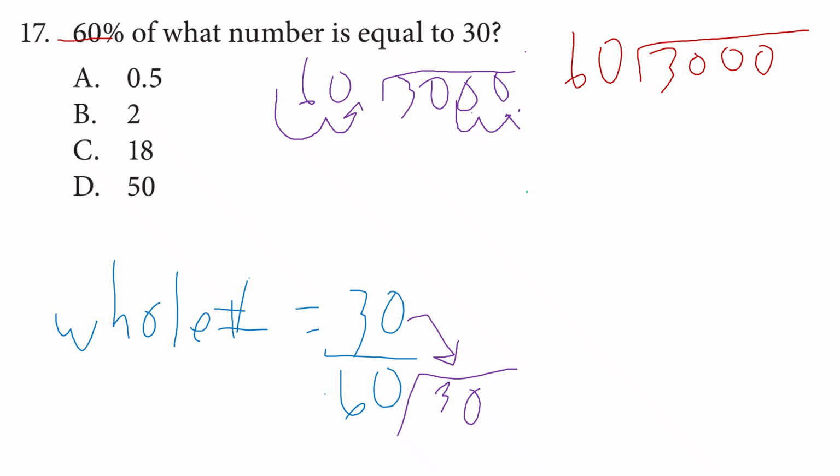All right, so now we can do our long division. 60 can't go into 3, so we put a 0 over the 3. 60 can't go into 30. We put a 0 over that first 0. 60 can go into 300. It can go into 300 5 times. And 5 times 60 is 300.